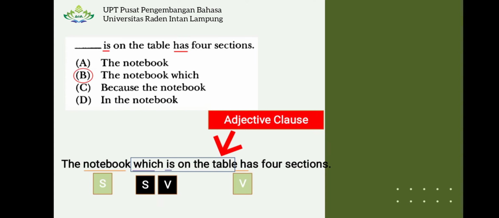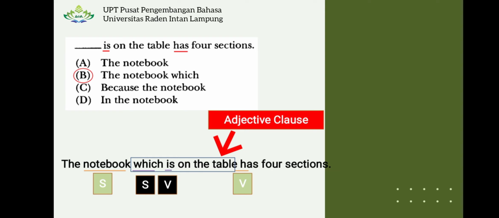Based on the item, there is a sentence that we don't know yet whether it has one or two clauses. Then, how do we identify that? You can find it out by seeing how many subjects and verbs the sentence has. Apabila dilihat dari soal yang sudah tersedia, terdapat kalimat yang belum lengkap yaitu is on the table has 4 sections.